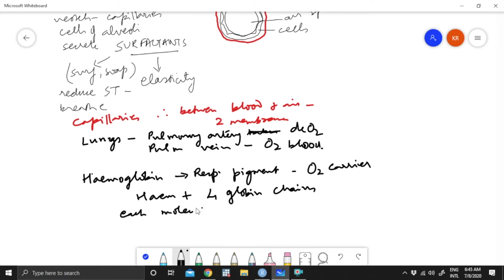Each molecule of Hb can carry 4 oxygens, but generally they are saturated with 3 oxygens, because they have to distribute oxygen to all the hemoglobin molecules, and therefore they get saturated with 3 of them.